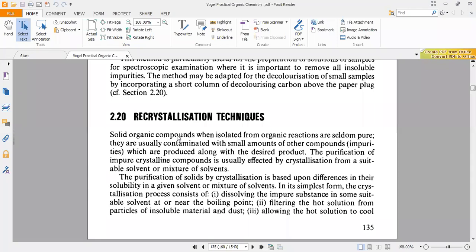You have to see one by one. Sometimes, if you get a mixture of liquids as products, you can separate them by distillation. But sometimes we have a solid, and a solid can be separated by crystallization.